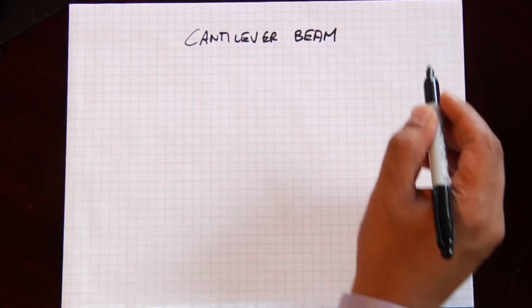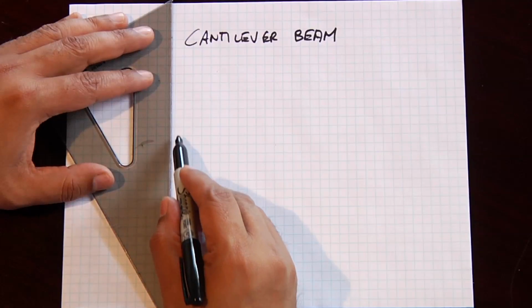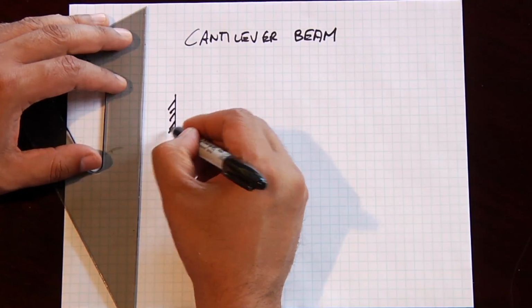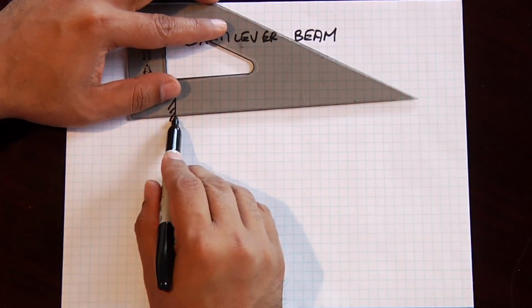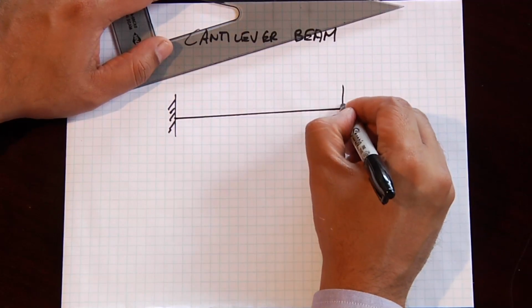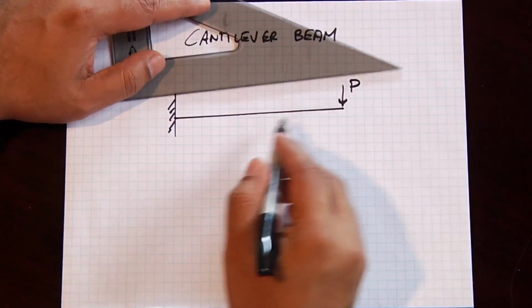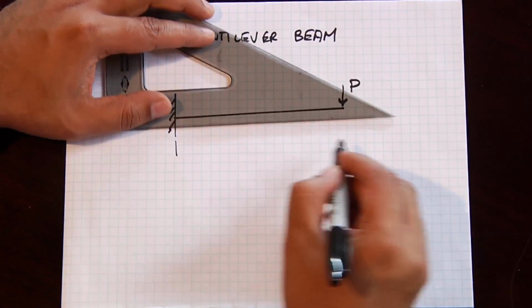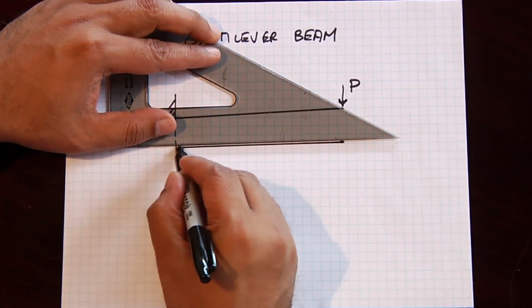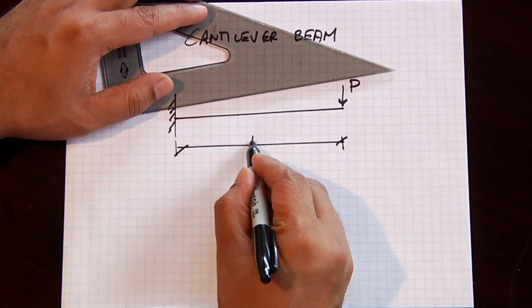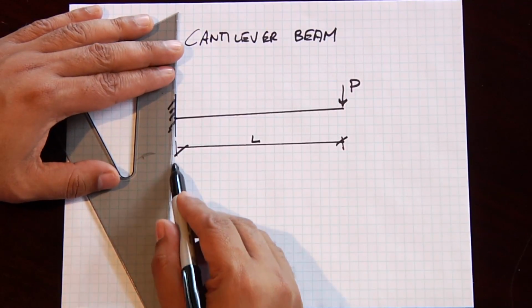Let's do an example with a cantilevered beam. If we look at the cantilever beam, a very standard example for understanding how bending moments work, we have our beam with our load P at a distance L. We did the shear diagram last time.